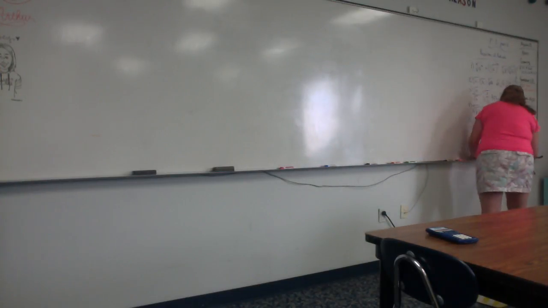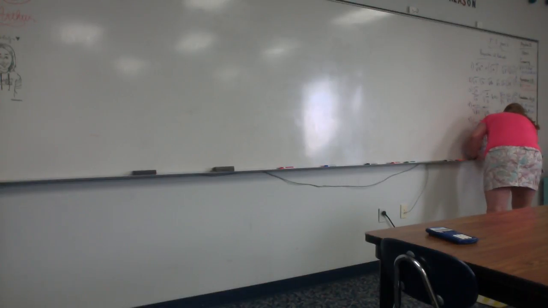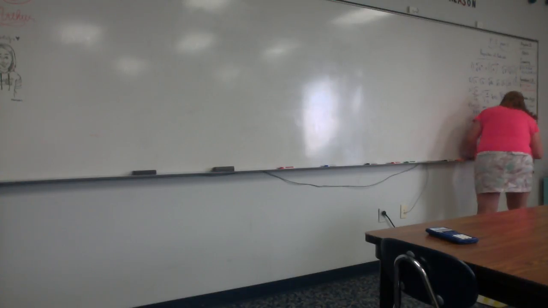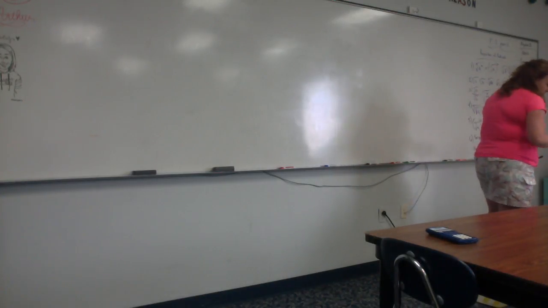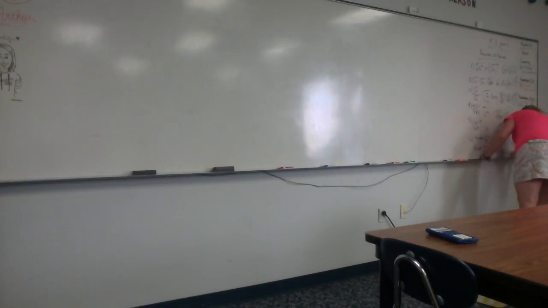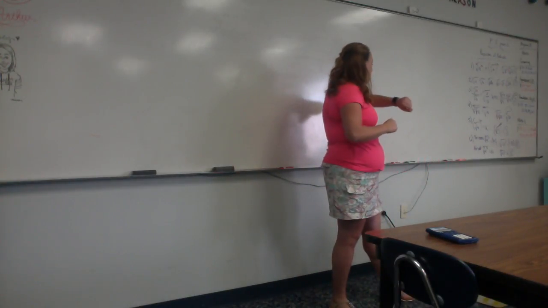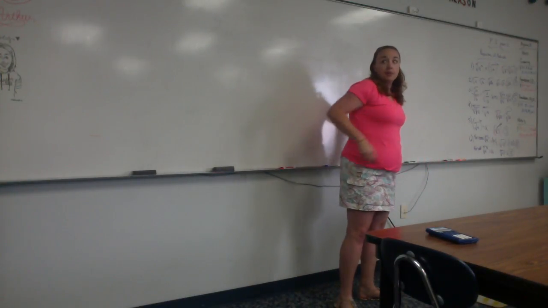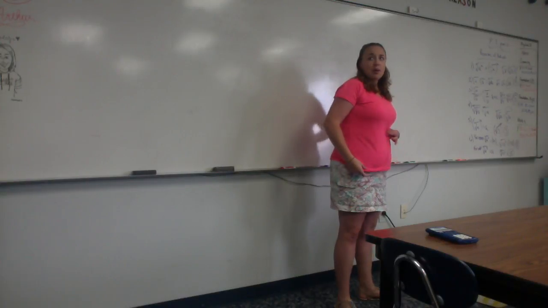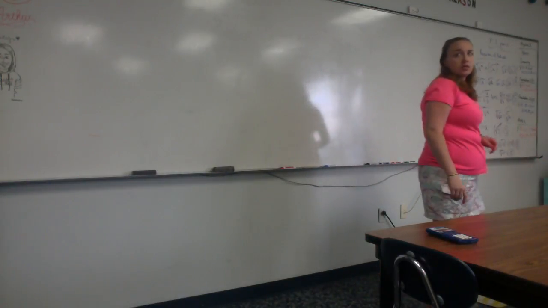So if I take the cube root of negative 12 cubed, I'm going to get negative 12 as my answer. Those are the 6 properties of radicals we have to take a look at today. We'll probably spend a little bit of tomorrow on this as well.